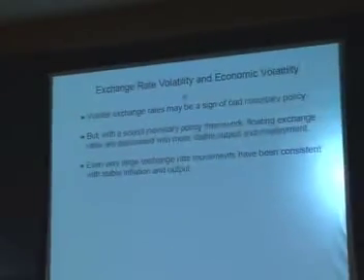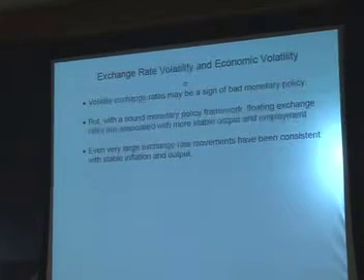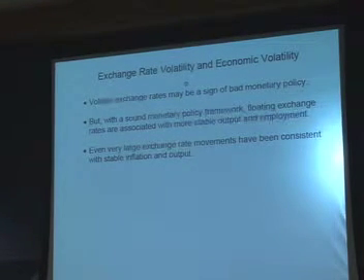But what can be said is that although it's certainly possible that volatile exchange rates might be, in fact, a sign of bad policy and just everything's unstable, it is the case that for countries that have a stable monetary policy, that do focus policy on stabilizing inflation and output, allowing the exchange rate to float actually is associated with more stability in inflation and employment and output.